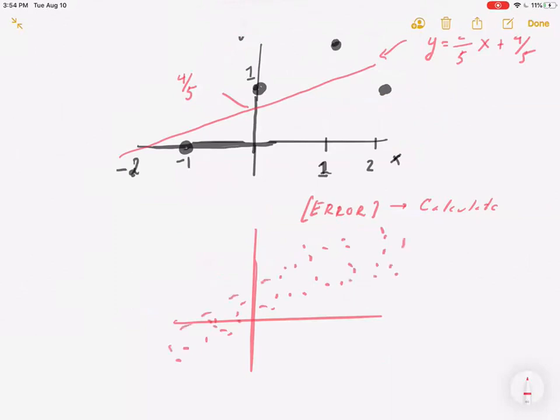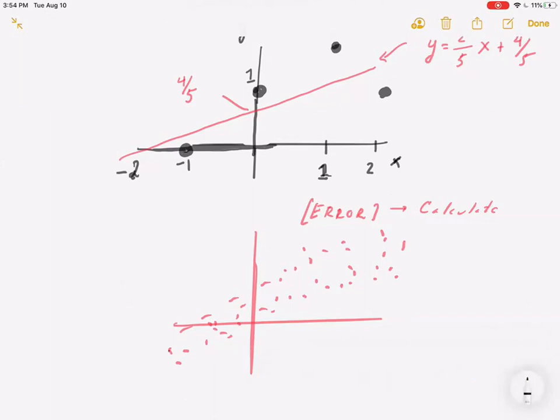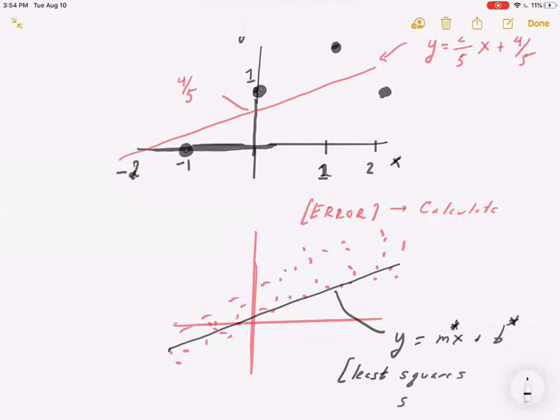And if you look at this data, there's some correlation among these various data points. And there is some line that you could compute, which will best explain this data. Again, this is not drawn to scale. And that line would be from the results of a least squares solution.